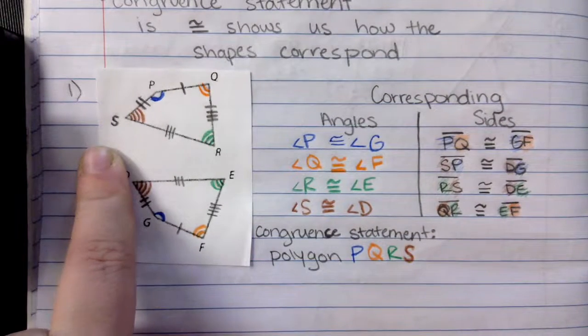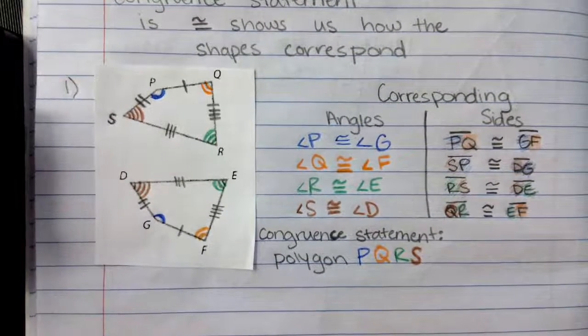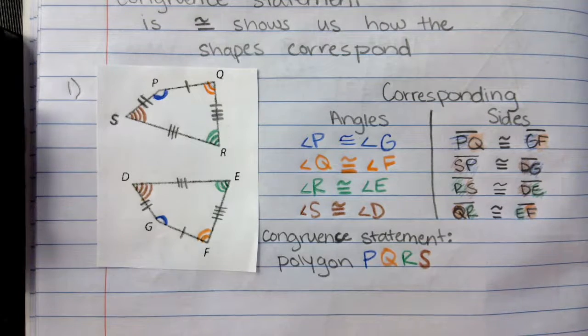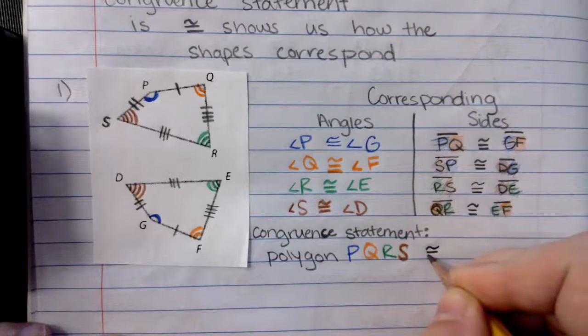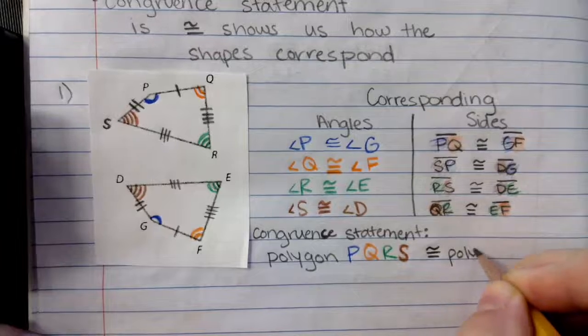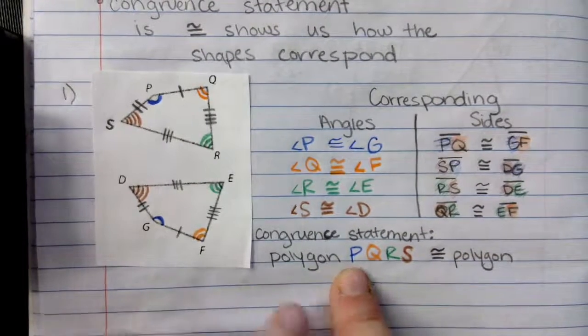So this is the really important part. Now that first one we could start at any point and move around the figure. But now for our next one, we have to use the corresponding points on the other shape. So think about what would be the corresponding point to that P. Yep, G. P and G corresponded.